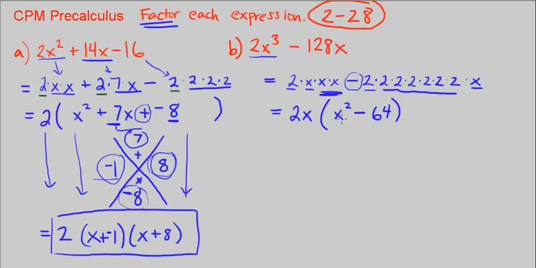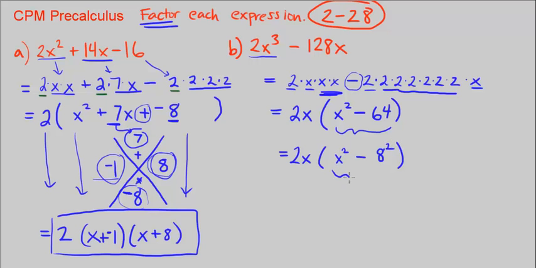So this is what happens first. Then I look at this quadratic. Let me rewrite it: this is x squared minus, well, what's the square root of 64? 8 squared. I'm just rewriting 64 as 8 squared.